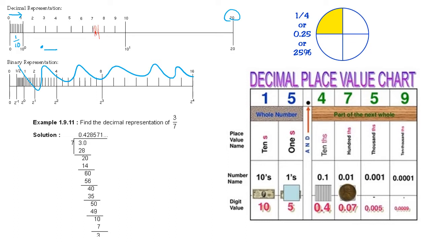Really hard to draw with this pen, but you can see that my original red dot would be at about 7.2, somewhere in there.